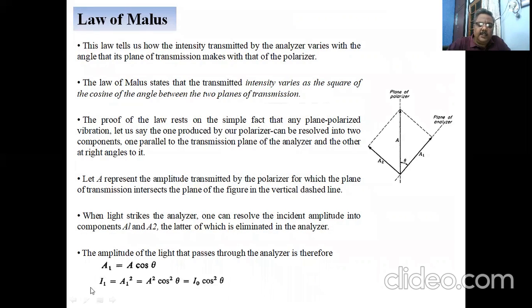The intensity of this particular component will be the square of the amplitude A1, which will be equal to A square cos square theta. And this A square is the amplitude of the incident radiation, so the square of this amplitude will be the intensity of the incident radiation. In this way, we can see that the output intensity is equal to the input intensity multiplied by cos square theta.